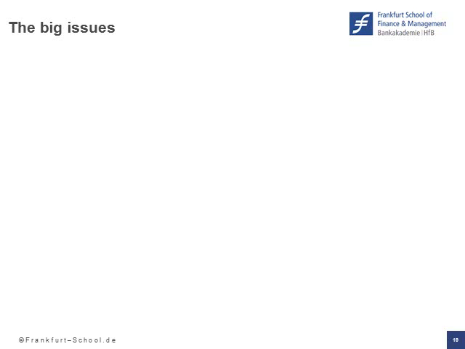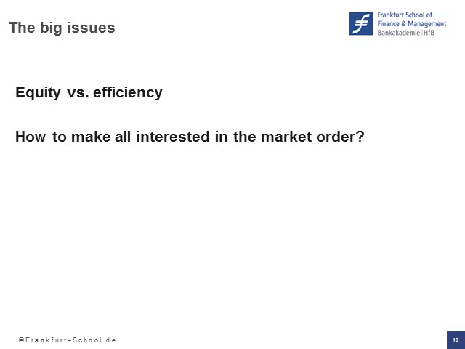We are already dealing with the big issues. The question of equity versus efficiency. The first graph showed efficiency. The second graph showed equity according to some notions of equity. Each is gaining the same amount from trade at the cost of price discrimination.